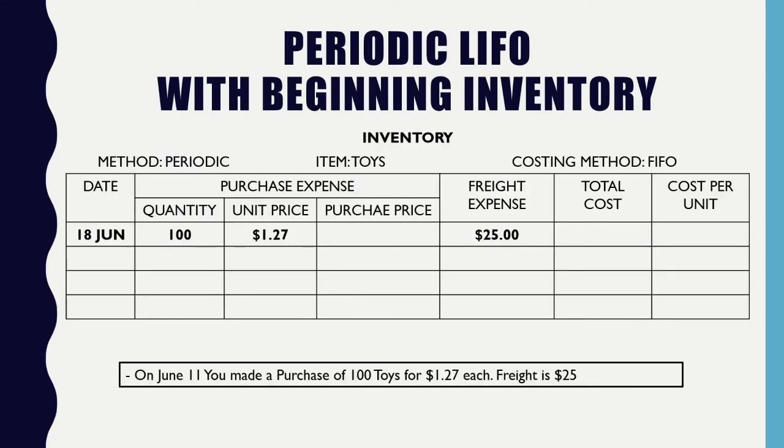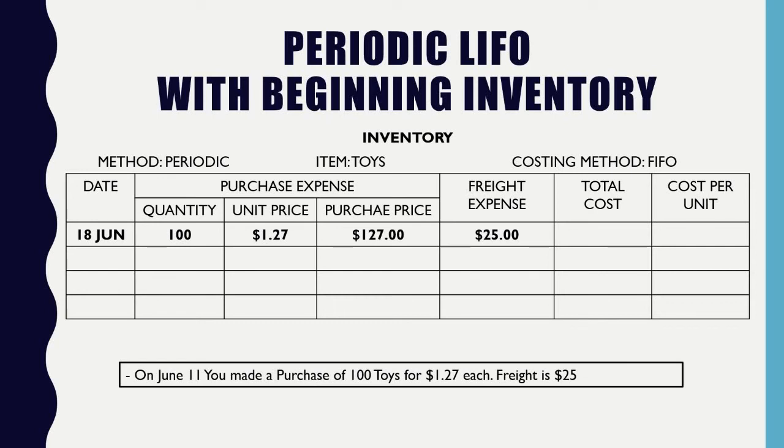So let's go ahead and dive right in and plug our information into our table. Here we're plugging in the net purchases. When we deal with inventory on hand, it's a completely separate worksheet. But here we're introducing the net purchases. So here we have 100 toys at $127.